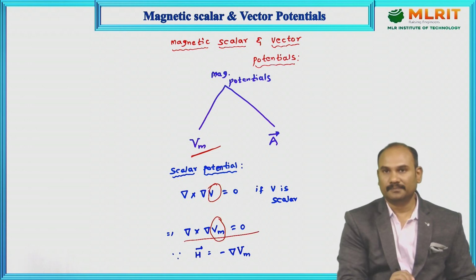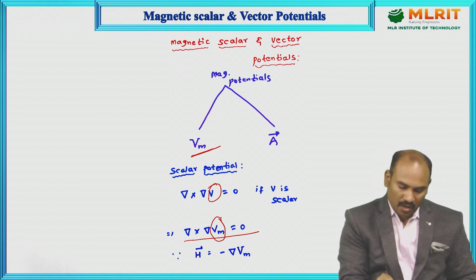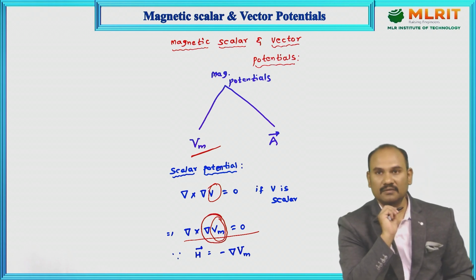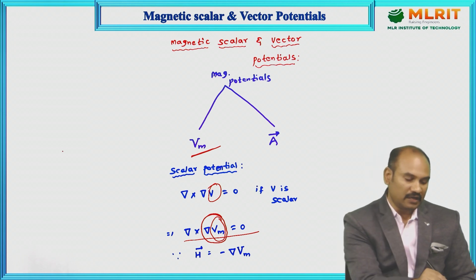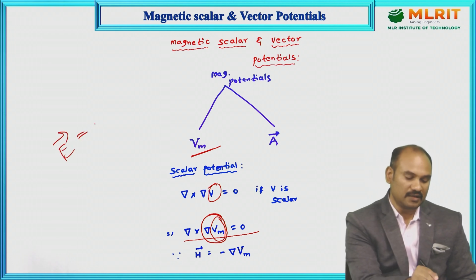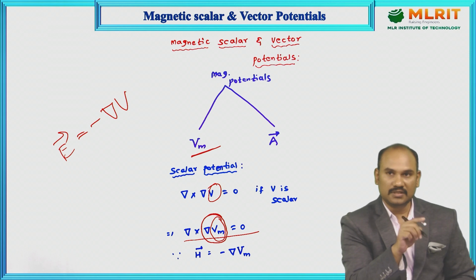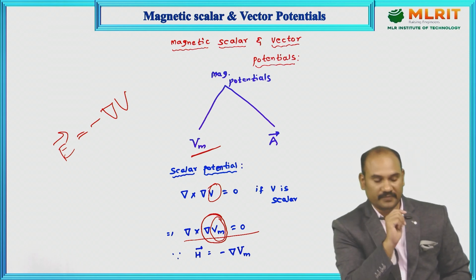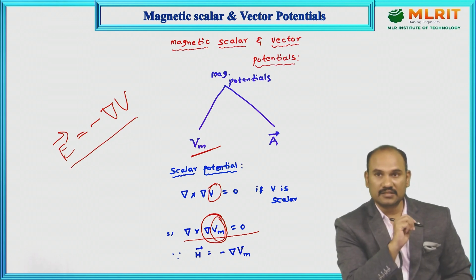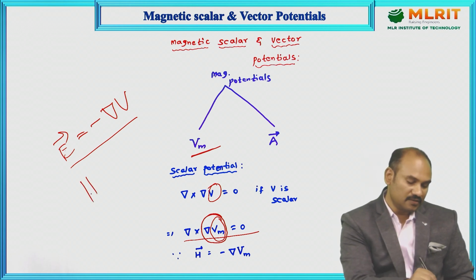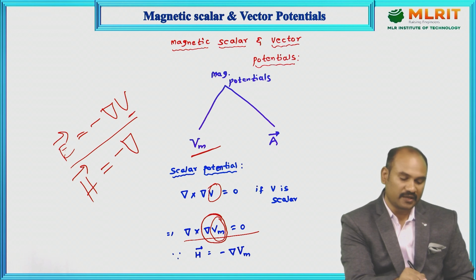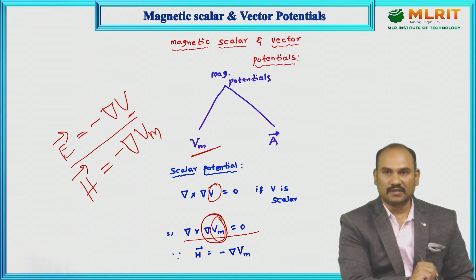The equation remains the same. Now you need to substitute something in place of del Vm. What is that something? In unit 1, we have a very famous relation: E equal to minus del V. This was called the gradient relationship in electrostatics. Similarly, in place of electric field, substitute magnetic field, and in place of electric potential, write magnetic potential.